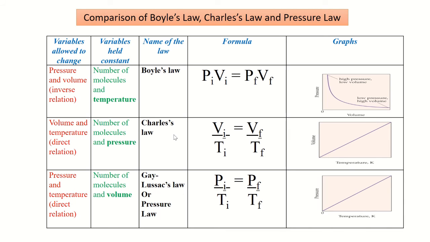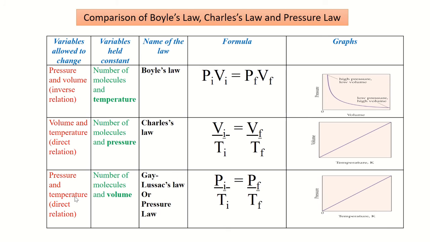Now we will move to the third law, which is Gay-Lussac's law, also known as the pressure law. In this pressure law, what variables are allowed to change? The pressure and the temperature of the gas are changing, and they have a direct relation between them. The pressure and the temperature are directly proportional.